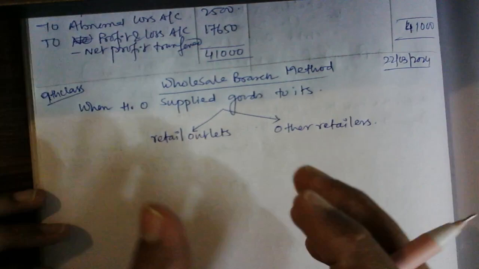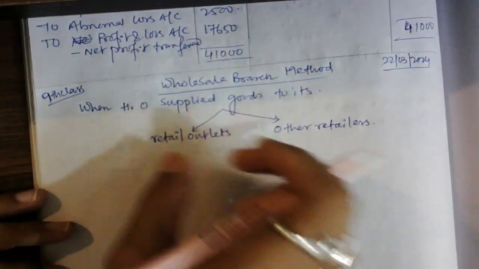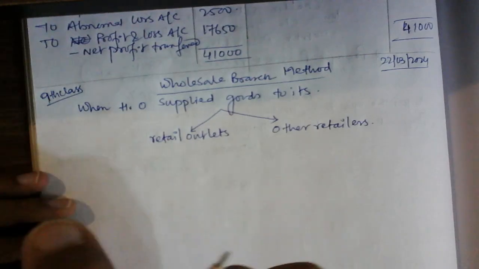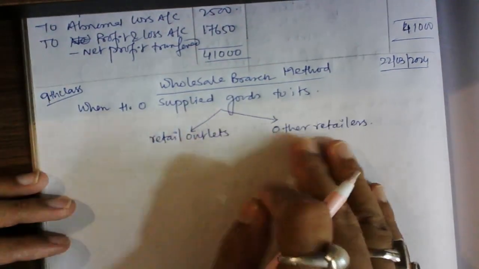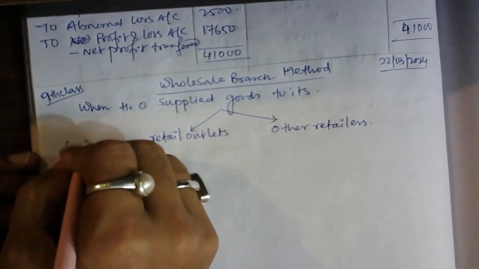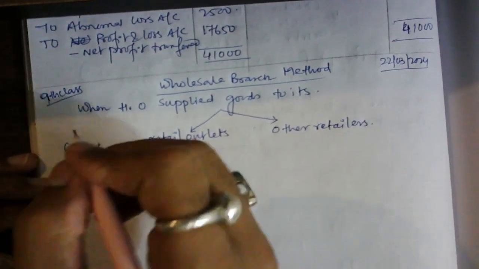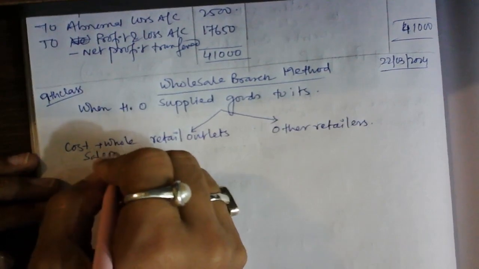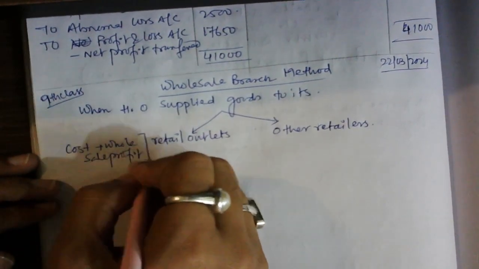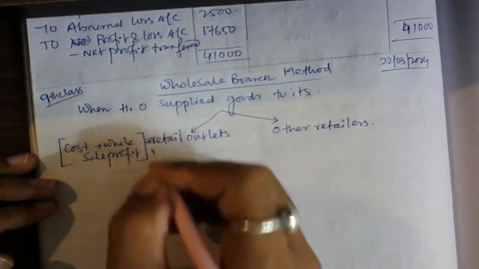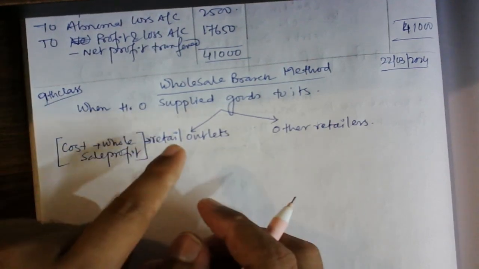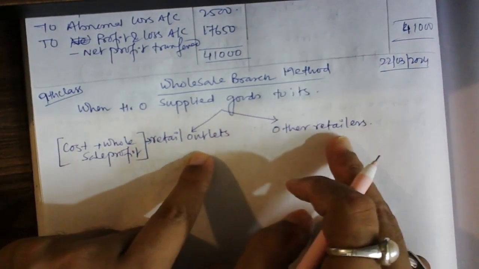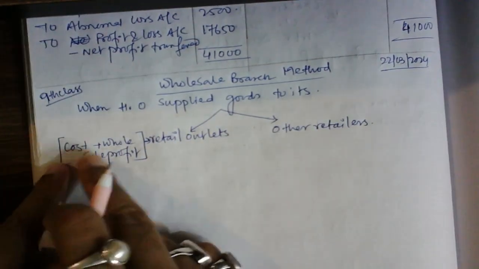When HO supplies goods to its retail outlets and other retailers, it will be at cost plus wholesale profit.